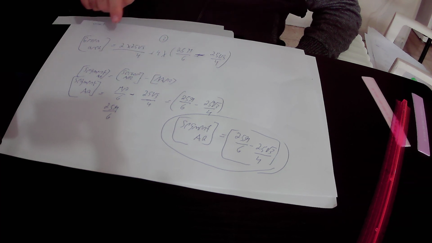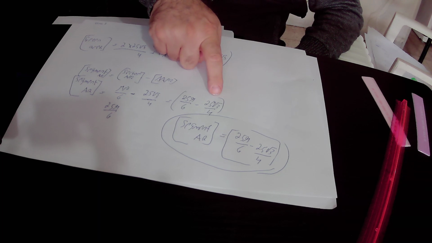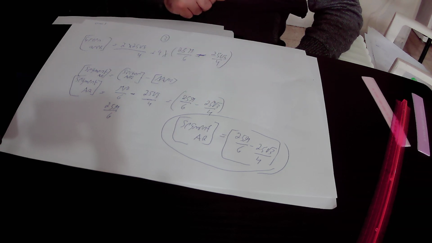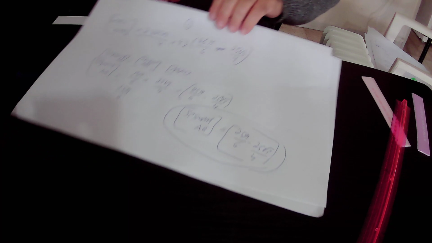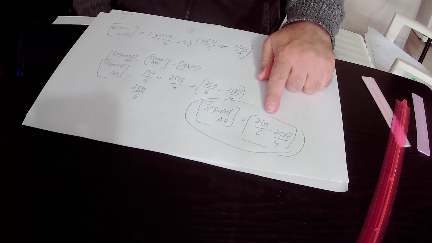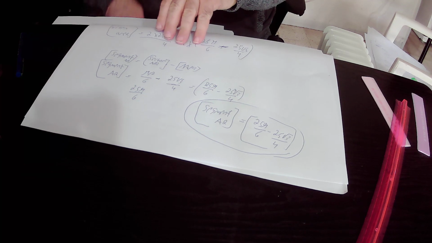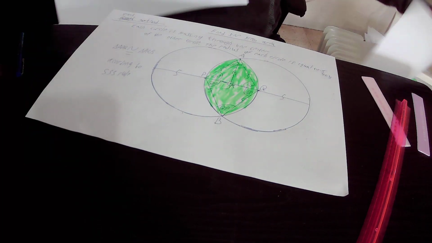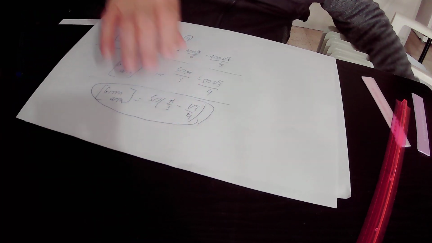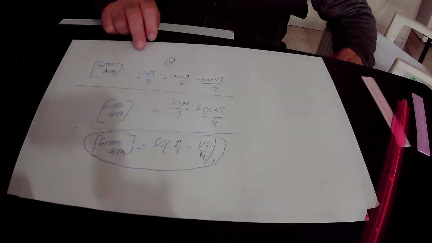So in conclusion, the area of segment AQ equals 25 pi over 6 minus 25 times square root of 3 over 4 square units. And again, the area of segment AQ equals 25 pi over 6 minus 25 times square root of 3 over 4 square units.